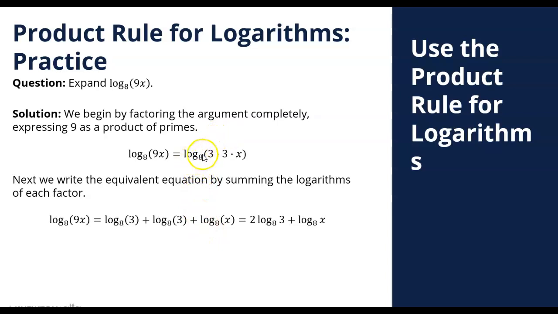Again, the logarithm of the product is equal to the sum of logarithms. Now, these two here are the same, so we can combine them as 2 log of 3 base 8. And then plus, copy the expression here, log of x base 8. Therefore, the expanded form of logarithm of 9x base 8 is equal to log of 3 base 8 times 2 plus log of x base 8.